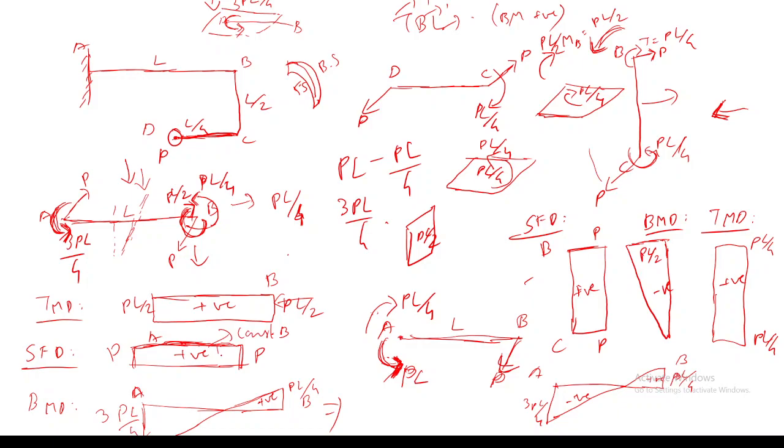The slope of this shear force diagram is constant, which means it is a straight line. If the slope of the shear force diagram is constant, then the bending moment diagram should have a constant slope. So only I have drawn it as a straight line. Yes, sir. Now I got it. Now everything is clear.